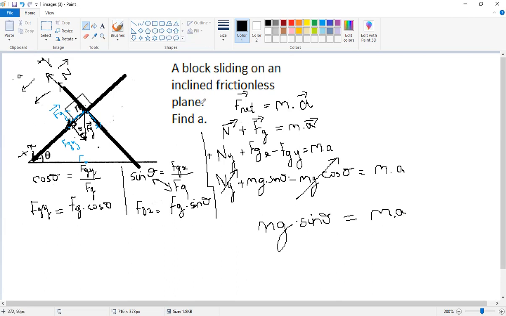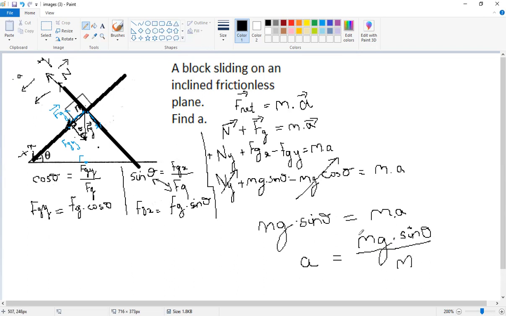In this example I did not put any values. I just want you to know how we represent the forces and how we can solve such a problem. To find A, A is equal to mg sine theta over m.